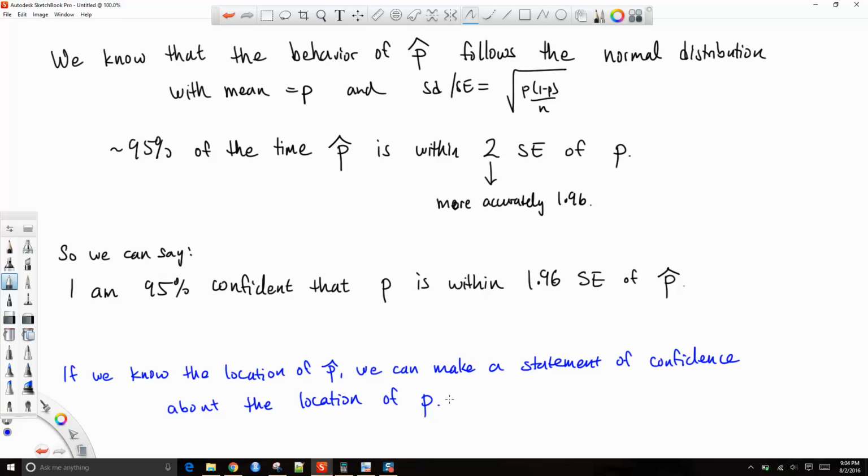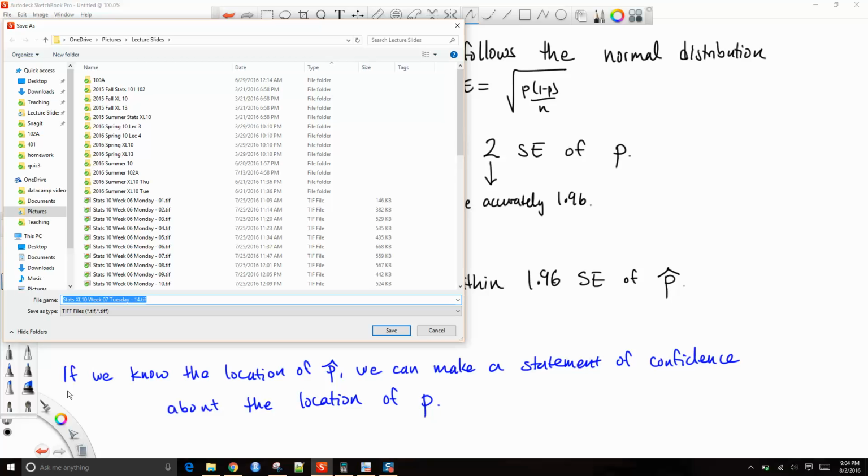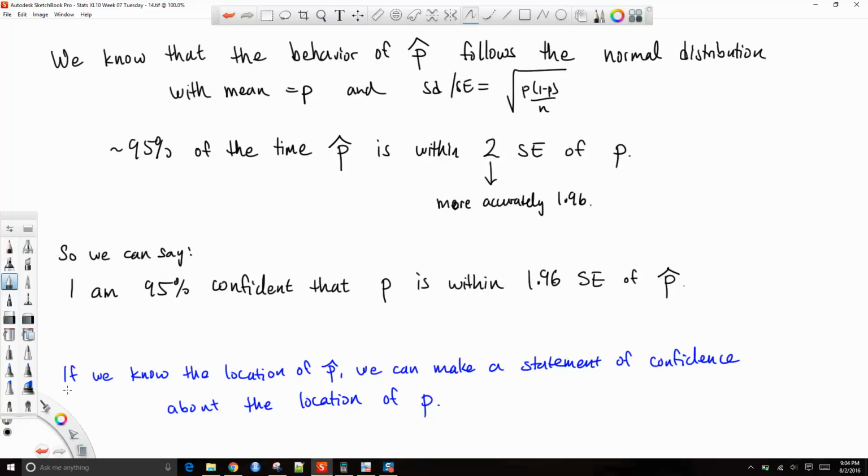What is the standard error? There is a slight problem though. Okay, let me just make sure you have all of this before I flip to the next slide.